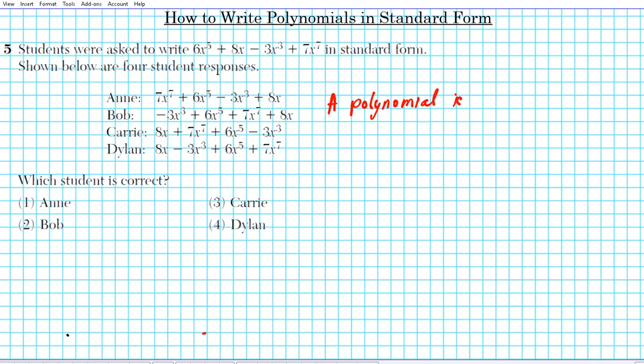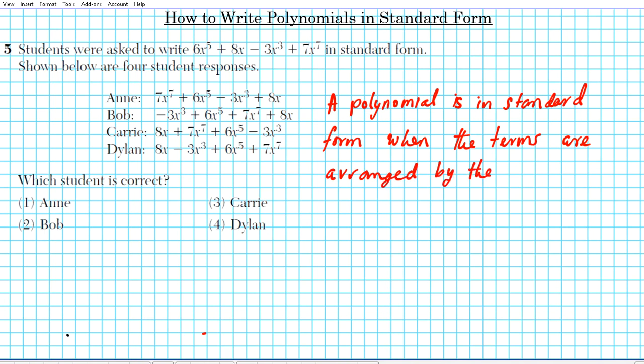A polynomial is in standard form when the terms are arranged or ordered by the size of their degrees, greatest to smallest.